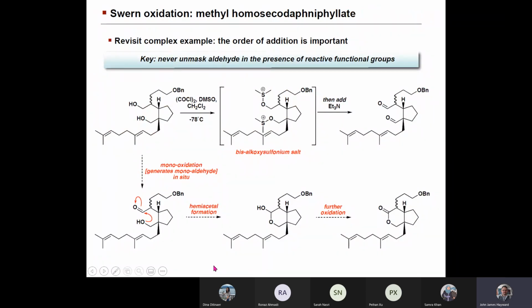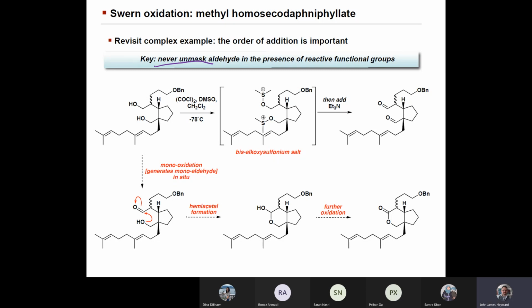Next, here's a complex example that we will be talking more about later. So, very important thing: never reveal an aldehyde in the presence of reactive functional groups. This is a brilliant strategy that's being used in this natural product synthesis that we will be discussing more later.